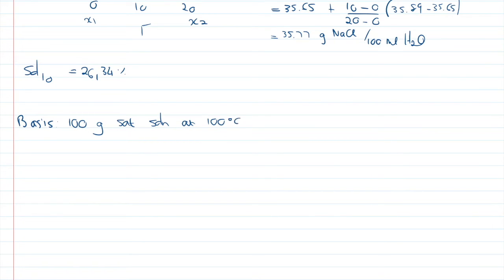And because we know the percentage, I know that there is 28.05% sodium chloride, which is then 0.2805 times our basis of 100.